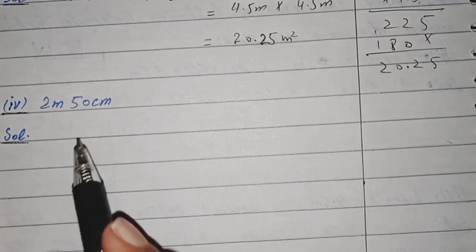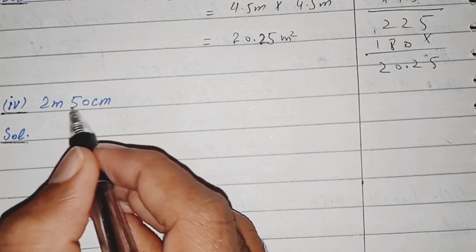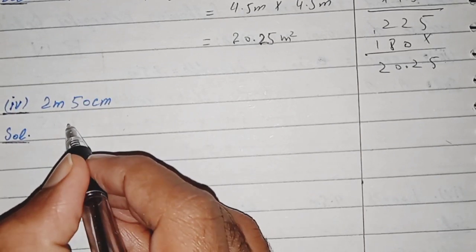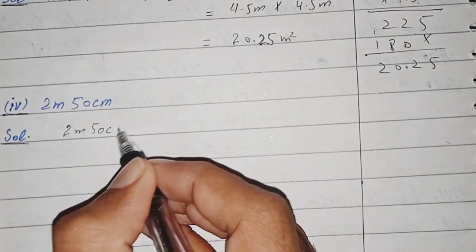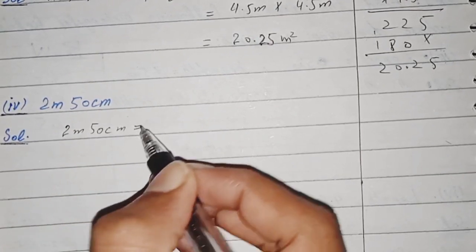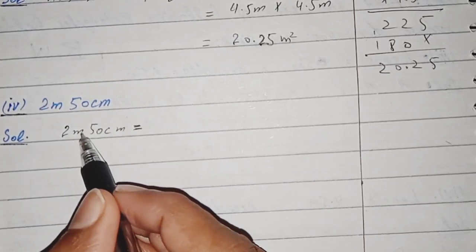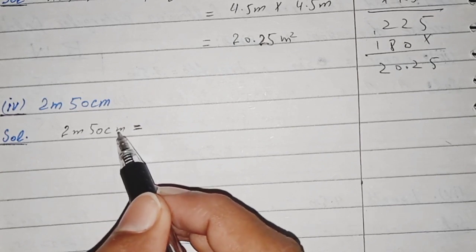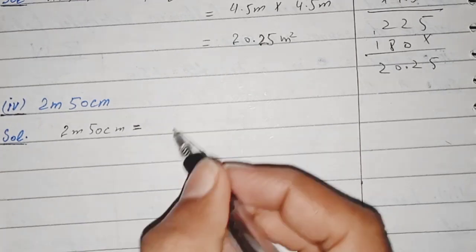In part 4, the length is given as 2 meter 50 centimeter. First of all we will change 2 meter 50 centimeter into the same unit. We will convert into a single unit, either centimeter or meter.